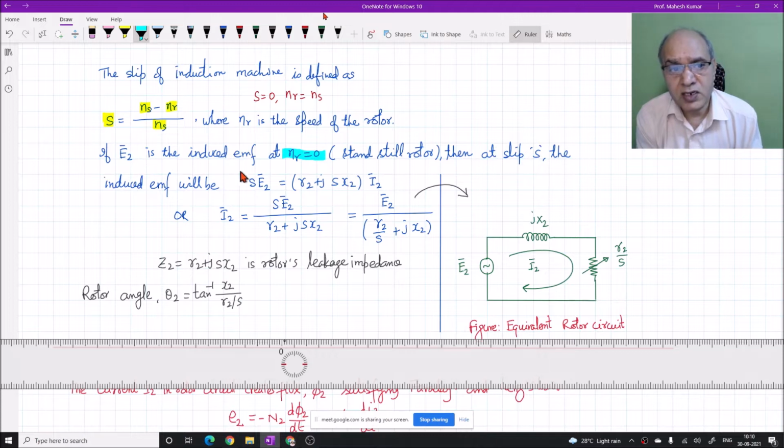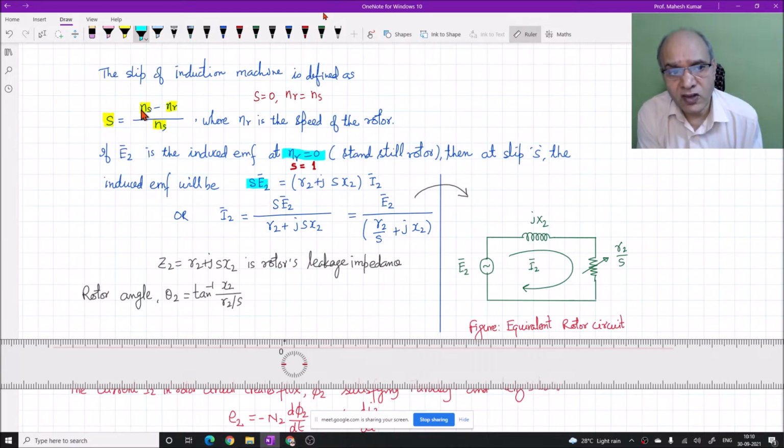So E2 is the induced EMF at Nr equal to 0, or you can say S equal to 1, because at Nr equals 0, S equals 1. Then at any other slip, at any other speed, the induced EMF will be S into E2, because the slip decides the relative motion between the rotor conductors and the revolving field.